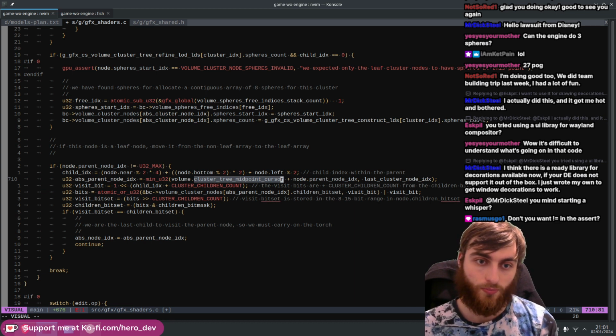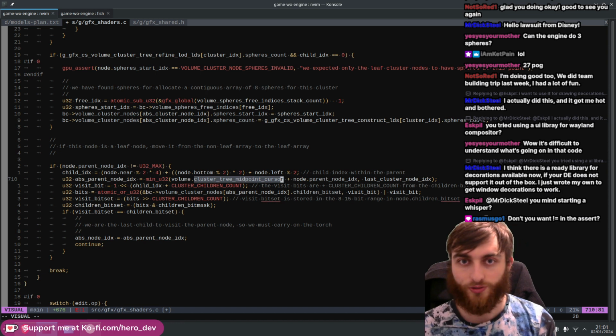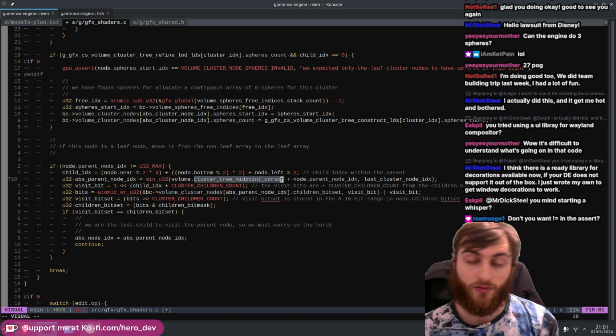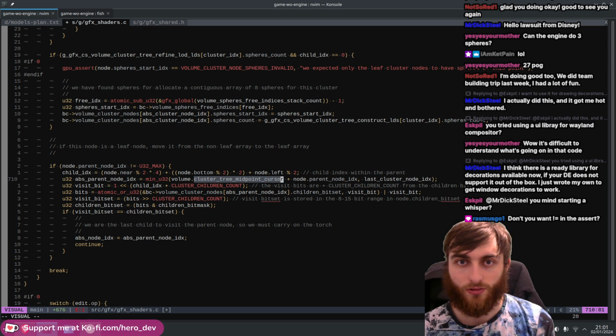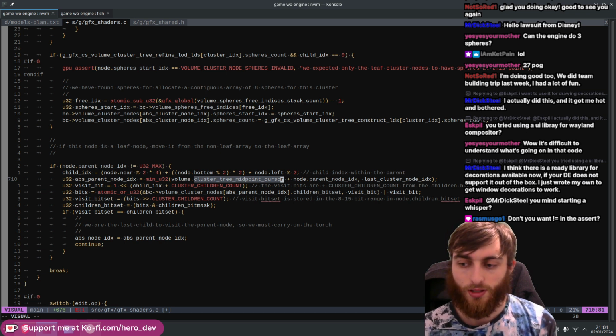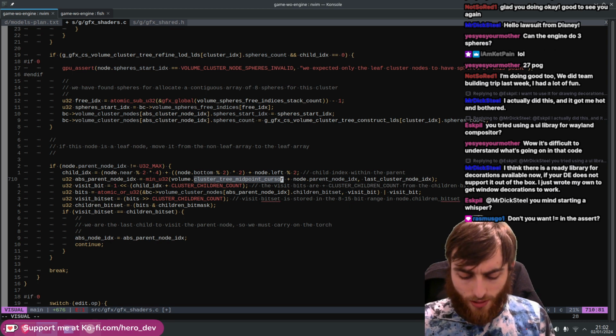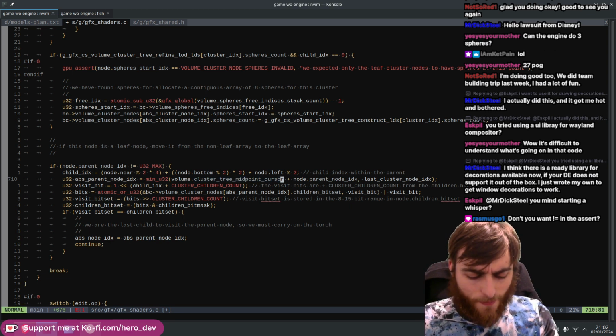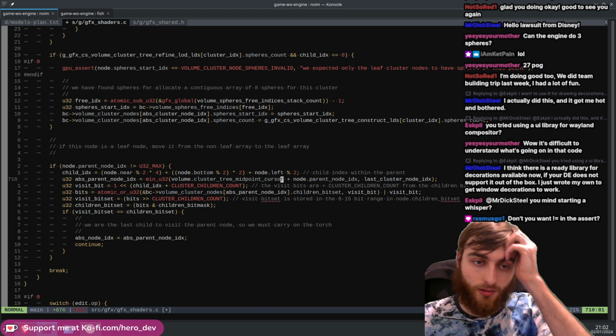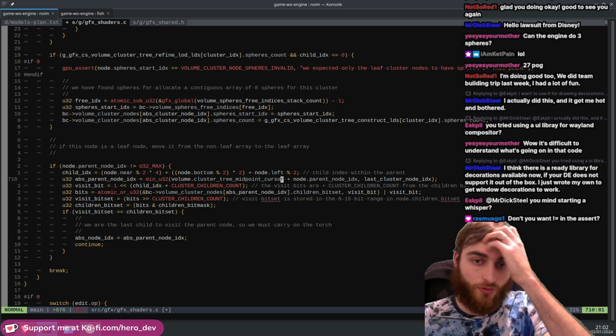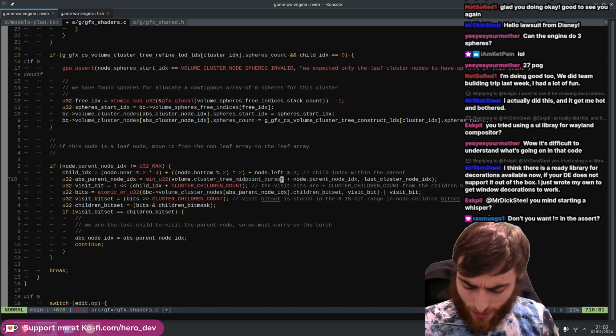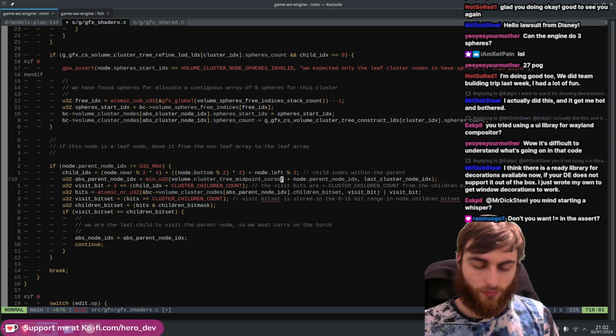By doing it this way, we have sorted our leaf nodes into a contiguous place of memory, meaning when we want to start to ray trace from these, we want to start from the highest level of detail on the leaf nodes and go up from there. So it makes it really easy to dispatch shaders. So we need to write that code.